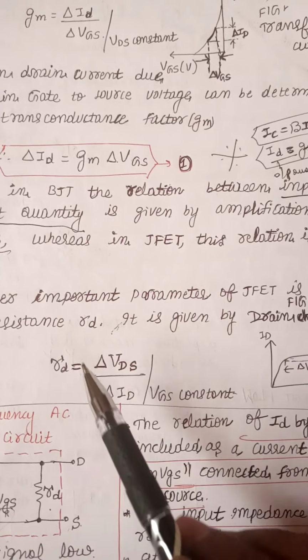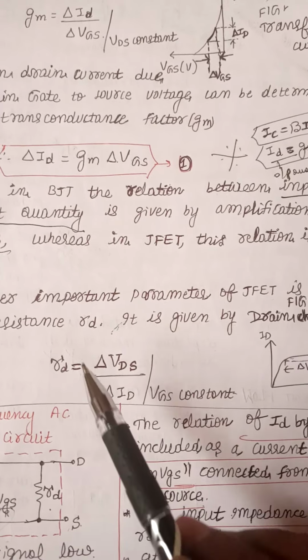Once you know the values of RD and GM, you have to draw the low frequency signal model. How to draw it, I will show you here. First, the source you have to make common with respect to gate and drain. This is the input part of your circuit and this one is the output part of your circuit.